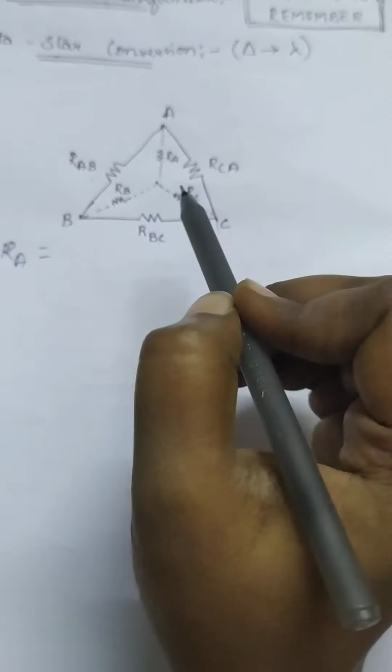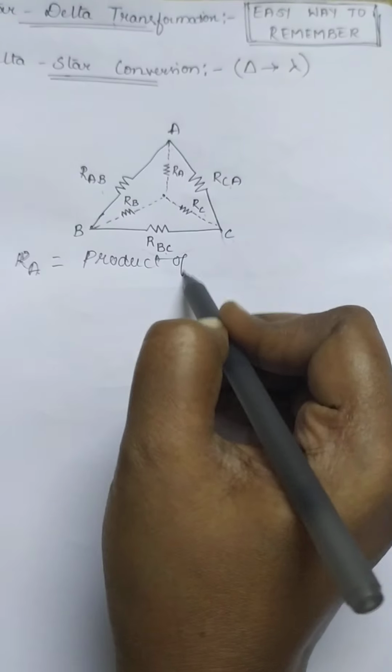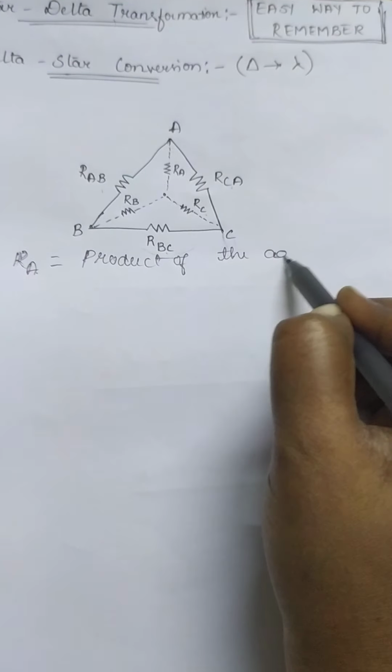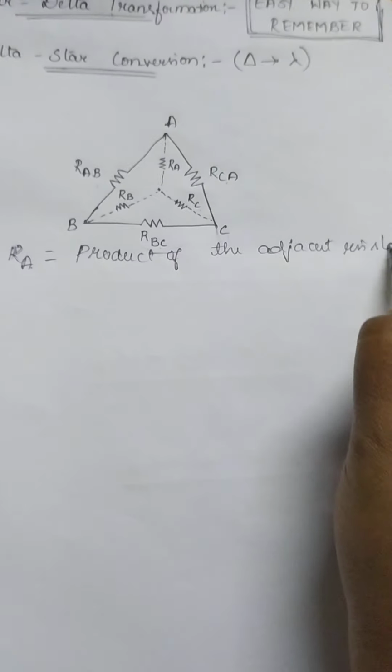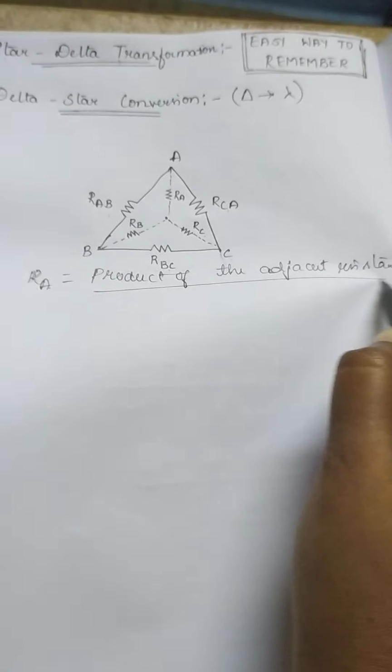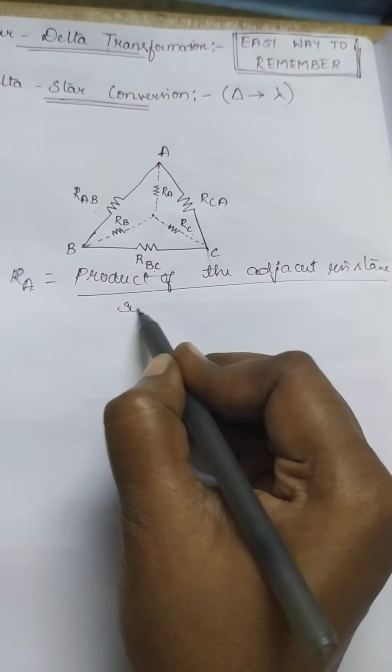If you want to find the star connection RA resistance value, that is the product of the adjacent resistances divided by the sum of all the resistances of the delta connection.